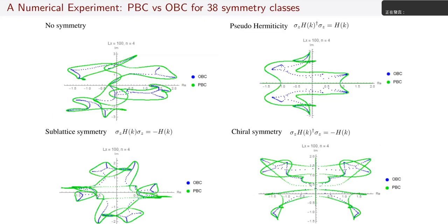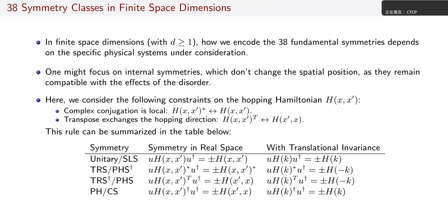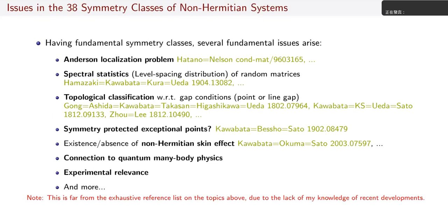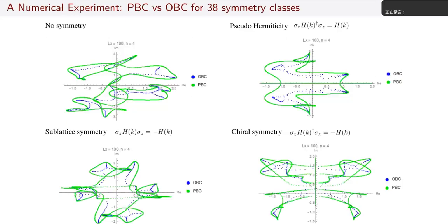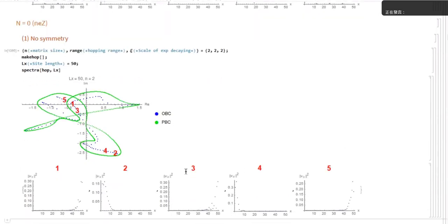Okay, so I think you are tired. So let me show some demonstration of this program, on the existence and absence of non-Hermitian skin effect for 38 symmetry classes of systems by using a mathematical model.